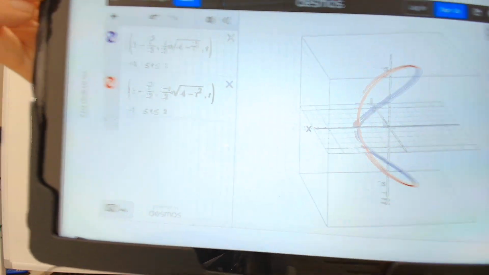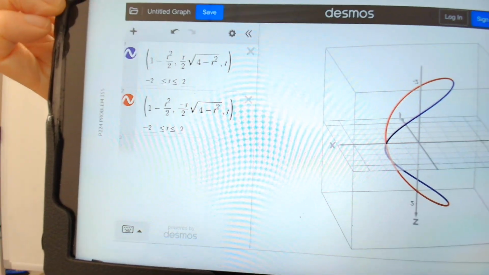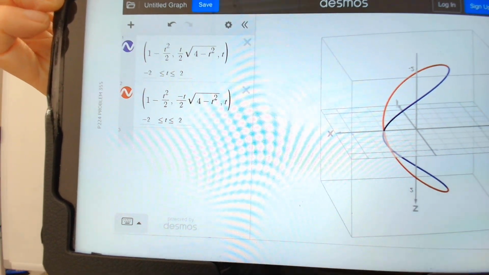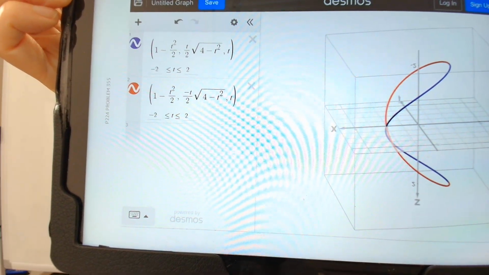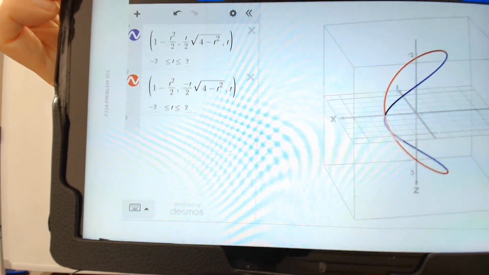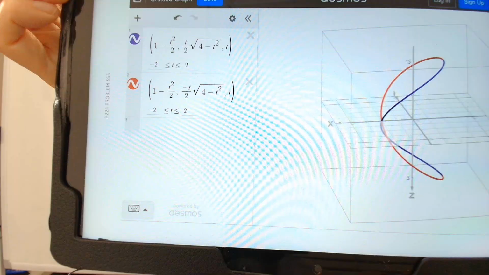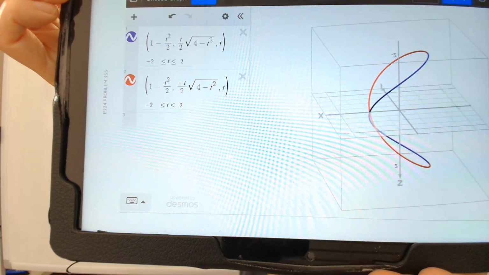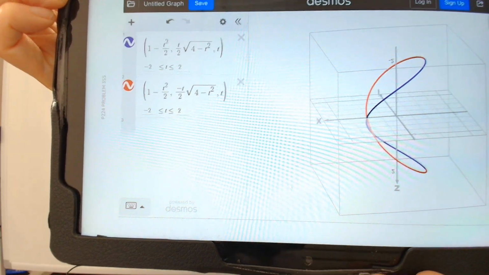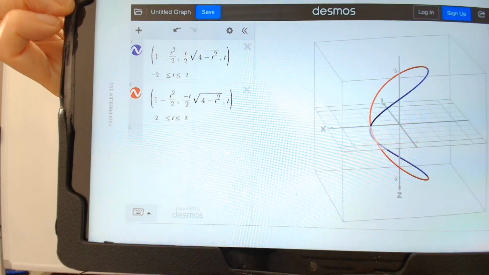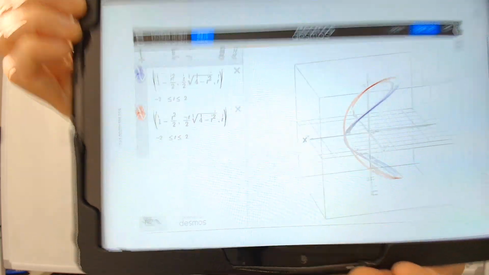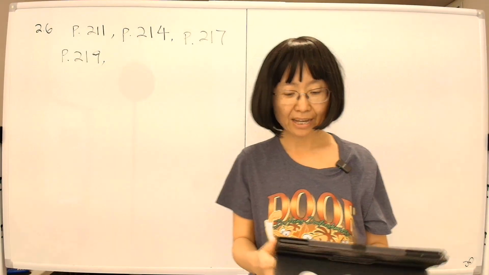Let's see if you can see the equations clearly. So you plot it in, z equals t, and x and y equal to those values, and you plug it all in, and then you adjust the value of t. They're both -2 to 2, and if that happens, then your curve winds around nicely like that.